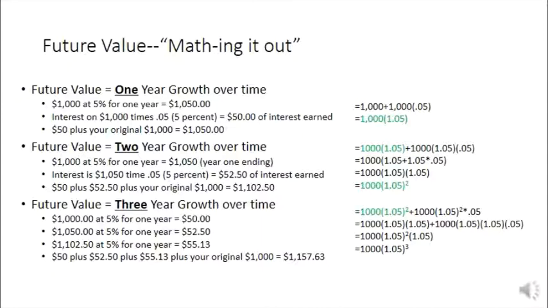And I hope from this color coding you can start to see a pattern develop, which is 1,000 times 1.05 to the first power in year 1, 1,000 times 1.05 to the second power in year 2, and 1,000 times 1.05 to the third power in year 3.